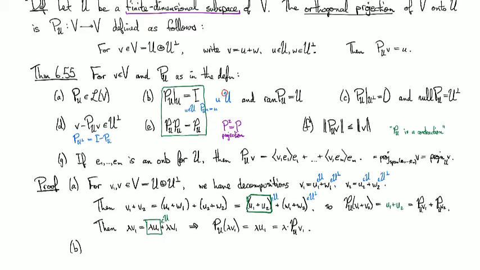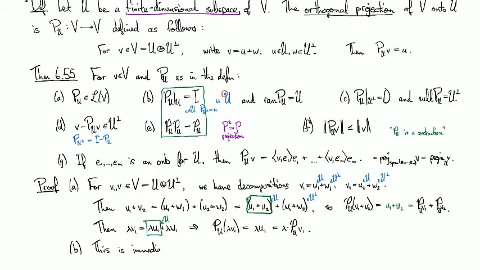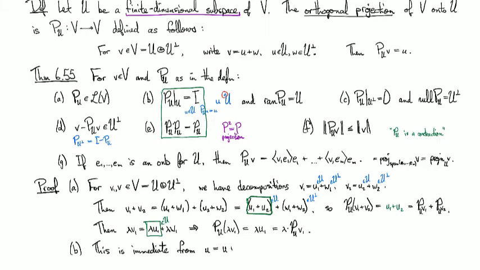So for part B, the fact that it's fixed if you start in U is immediate. U is the thing that we're going to apply the projection to. So I write it in terms of something in U and something in U perp.